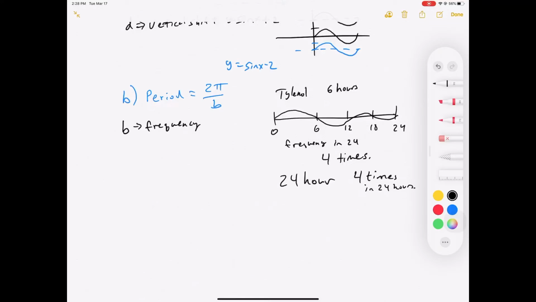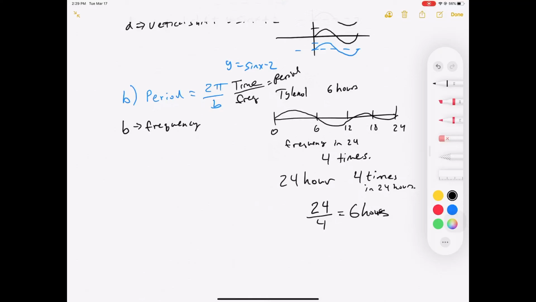How long do I take the medicine between each dosage? We take our time, we divide it by the frequency, and then we end up with our period: 6 hours.